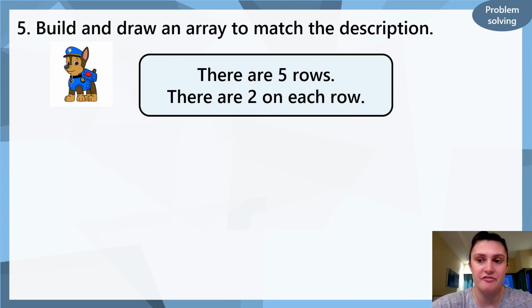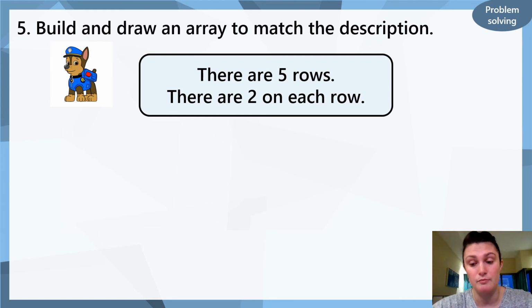Okay, question 5. Here's our challenge question. I want you to build or to draw an array that matches the description. So you can go look in your house. Maybe you could use some pieces of pasta. Maybe you could use some pencils.